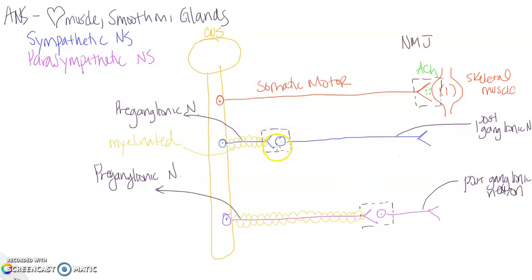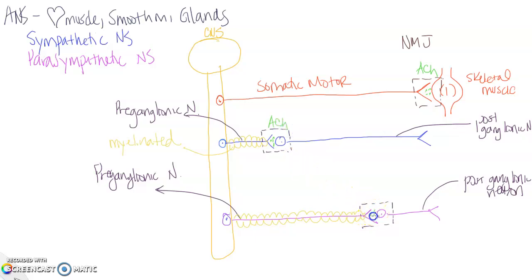So these two neurons within these two systems are linked together. They are synapses. And the synapses, of course, speak to each other through neurotransmitters. At the ganglia between the preganglionic neuron and the postganglionic neuron, the neurotransmitter here is acetylcholine.